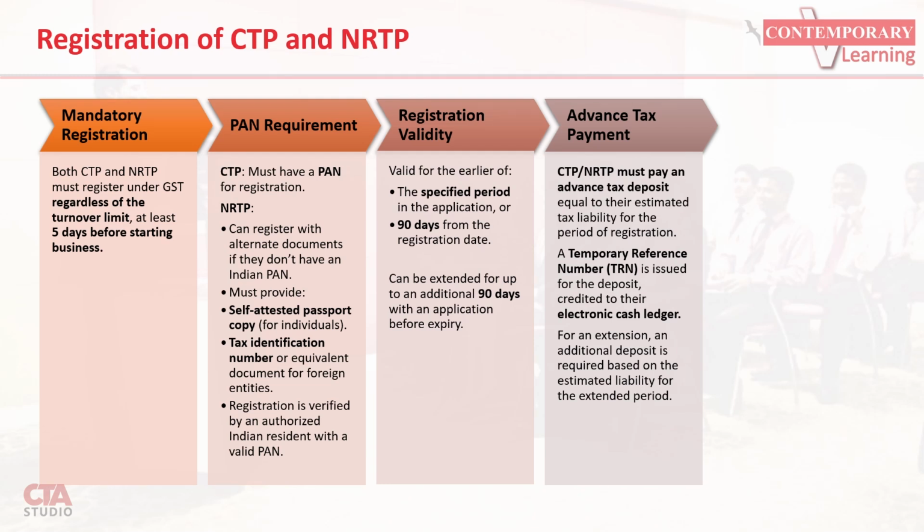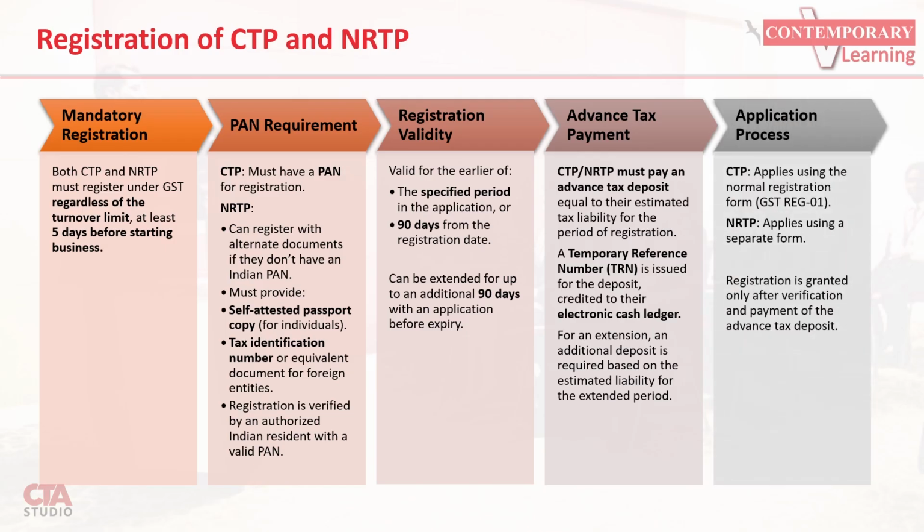A temporary reference number, TRN, is issued for the deposit, which is credited to their electronic cash ledger. For an extension, an additional deposit is required based on the estimated liability for the extended period.